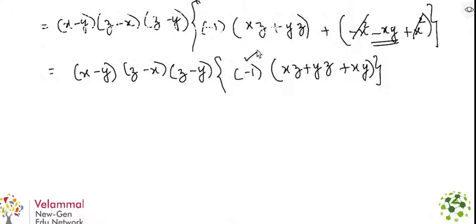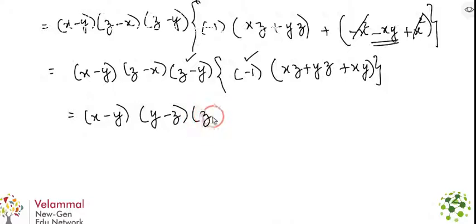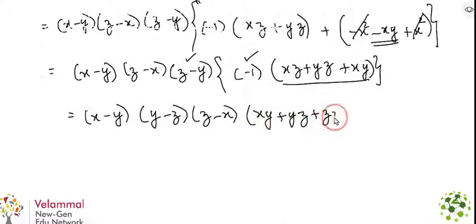Now this minus 1 I will adjust with this because the proof says x minus y, y minus z, z minus x. Okay, so the minus goes off and I'll write it in order xy plus yz plus zx. This is your right answer.